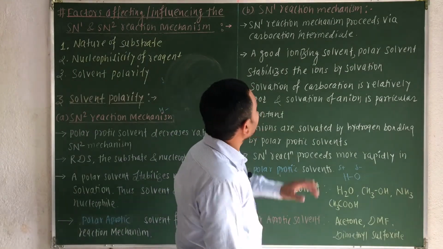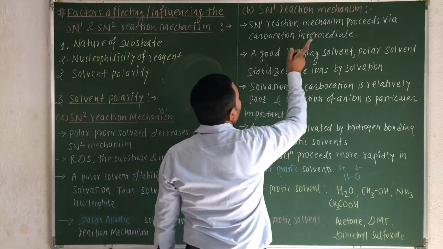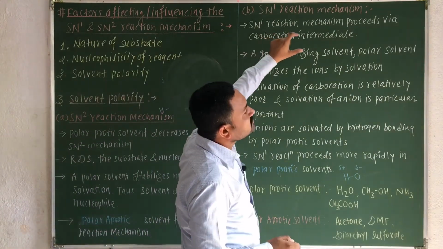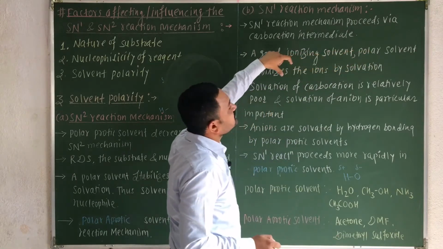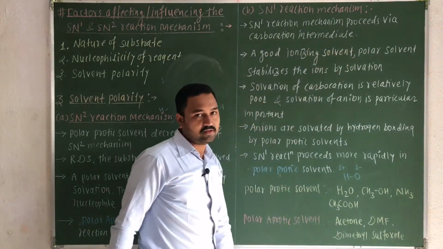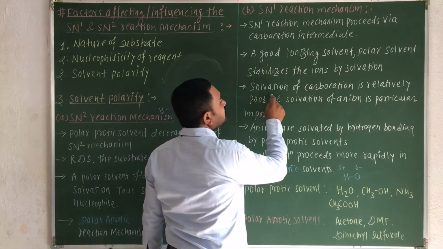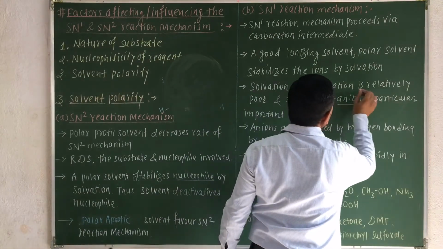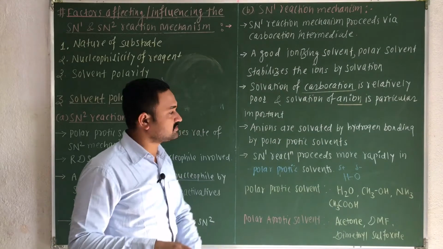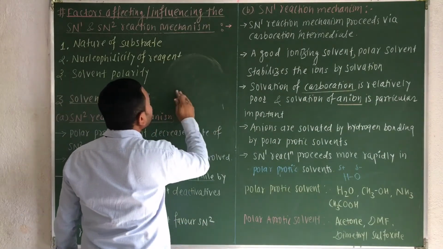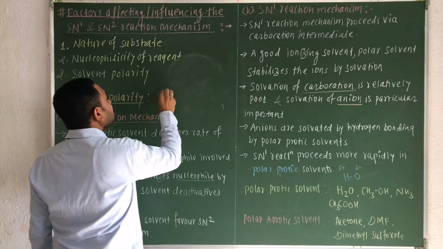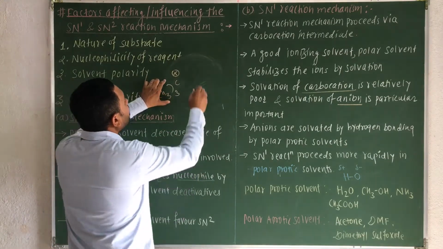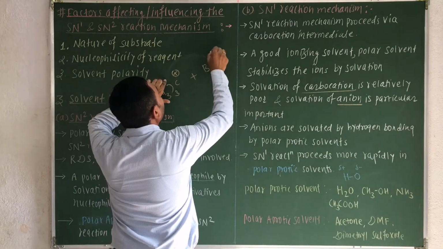Consider the SN1 reaction mechanism. Remember, the SN1 reaction mechanism proceeds via a carbocation intermediate. A good ionizing solvent, that is a polar solvent, stabilizes the ions by solvation. The solvation of the carbocation is relatively poor, and then there is the solvation of the anion. If we consider the SN1 reaction mechanism, there is formation of the tertiary butyl carbocation, plus a release of the Br minus anion.